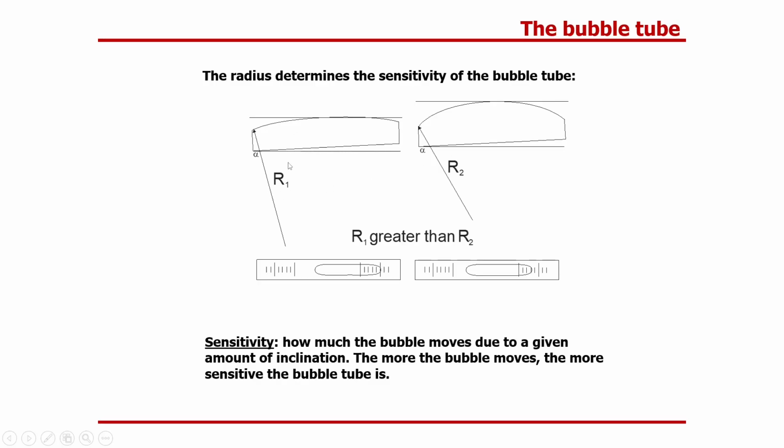When the radius of the bubble tube is big, R1, the bubble tube is very sensitive. While the radius is not very big, R2, the bubble tube is not very sensitive.